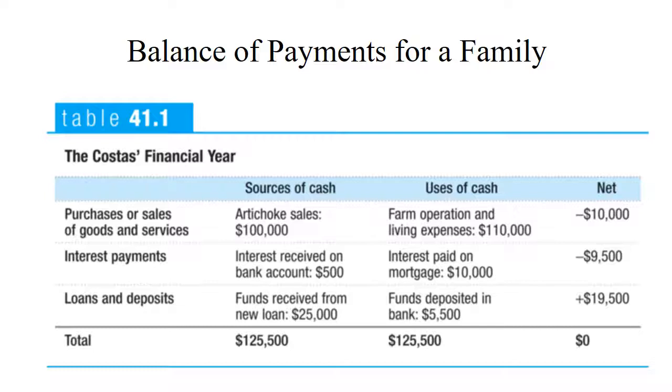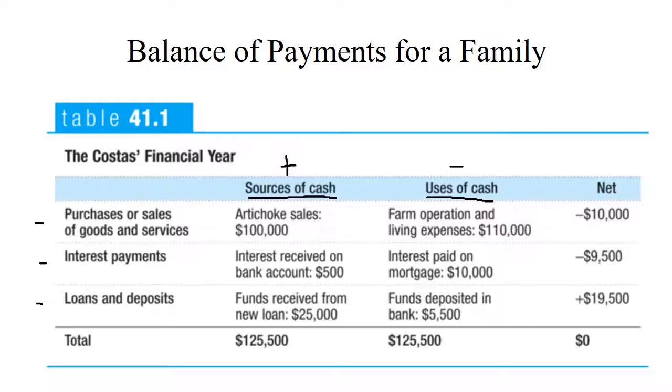You can see they have sources of cash, which are categories where cash is coming in, and then uses of cash, which are areas where money is going out. We break it down further into goods and services, interest payments, loans, and deposits.